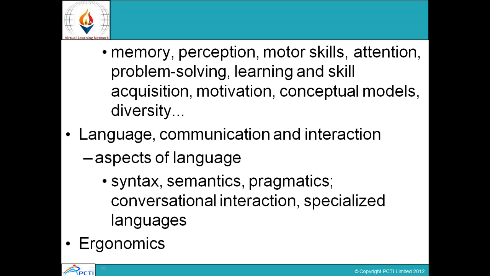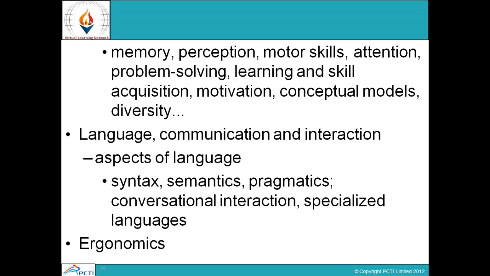Every human being has a sort of memory, perception, motor skills, in the sense of motor nerves, attention, problem solving attitude, learning, skill acquisition, motivation, conceptual models, diversity. So these are the things that come as part of the human being.